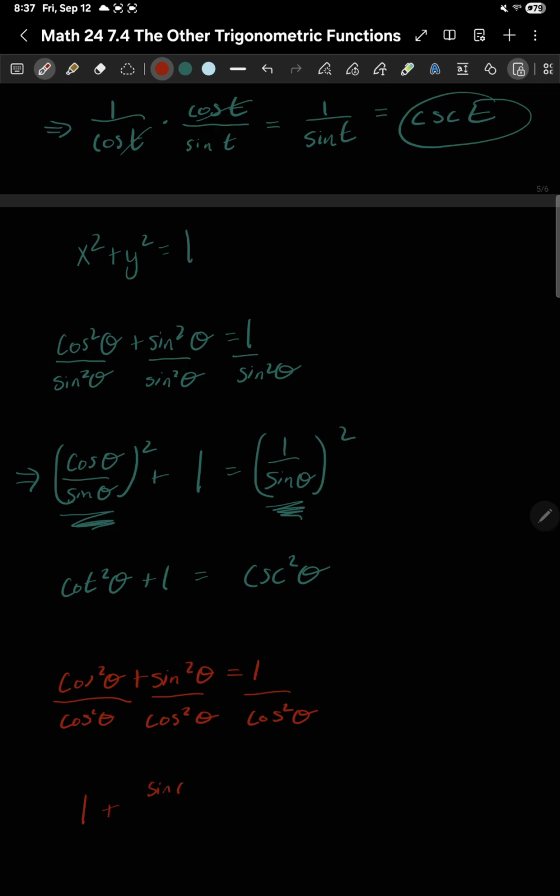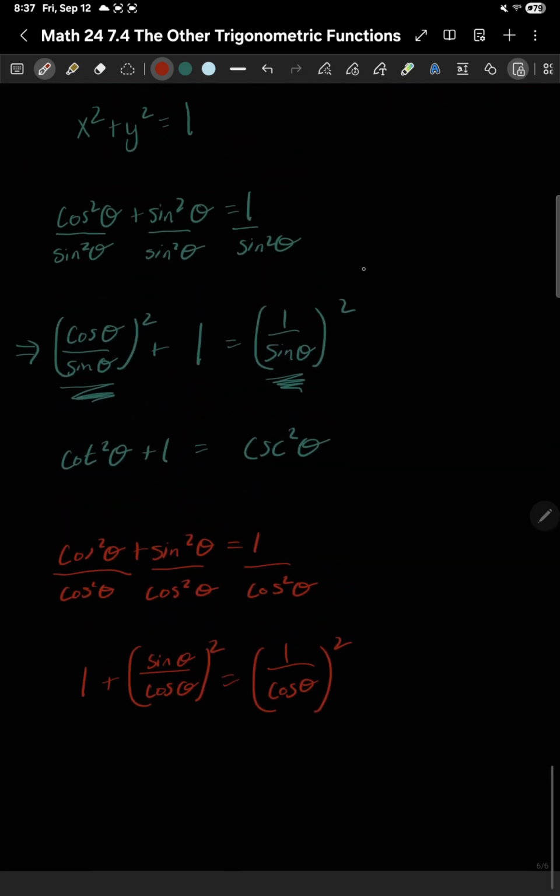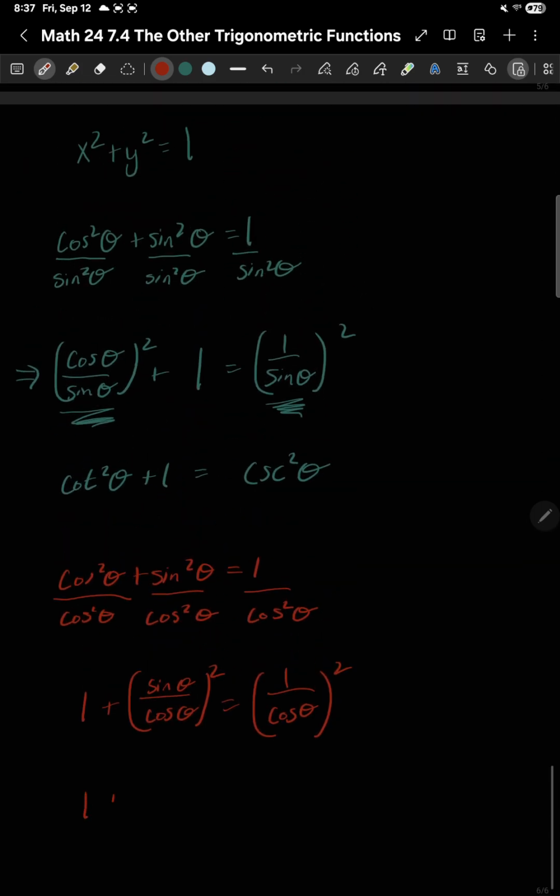This becomes sine of theta over cosine of theta, squared, plus 1, equal to 1 over cosine theta squared. That's 1 plus tangent squared theta equal to secant squared theta.